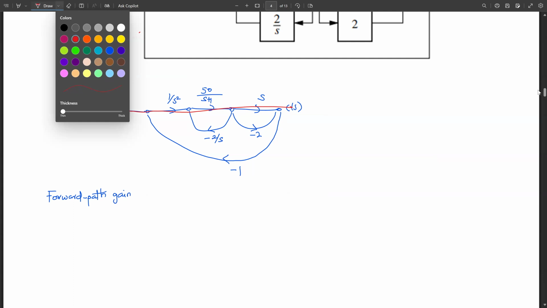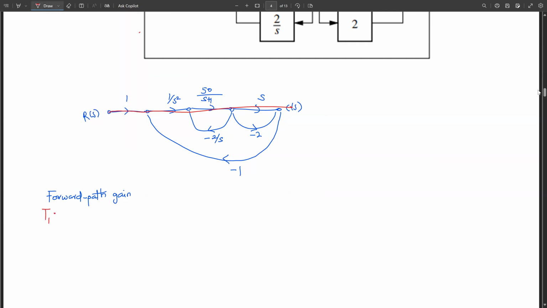So the first forward path, T sub 1, multiply the gains involved. It is 1 times 1 over s squared times 50 over s plus 1 times s. Then this gives me 50 over s plus 1.